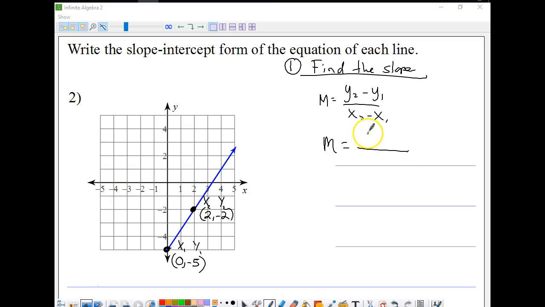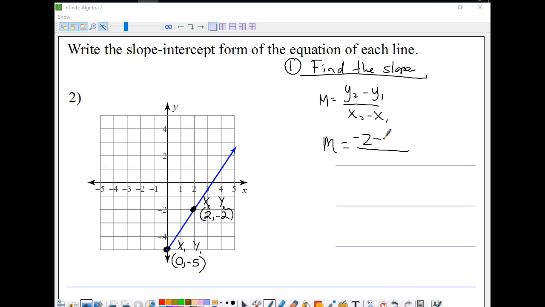What letter goes here, Paris? Yeah, like from up here. Y2, right? So we want Y2 there. Now, which one of these did I label as Y2? Yeah, it's this guy here, -2. So that's what's going to go there.